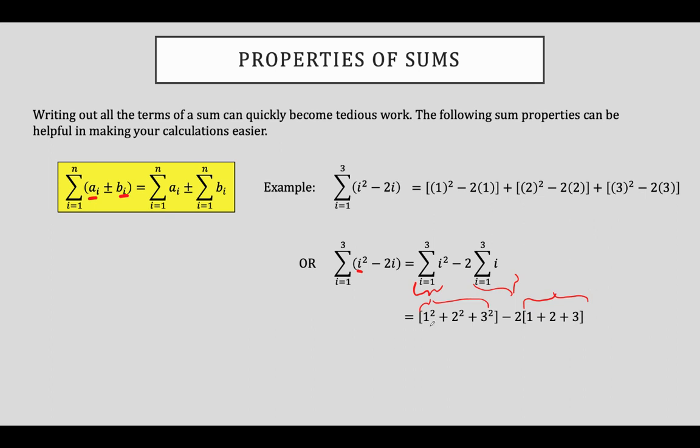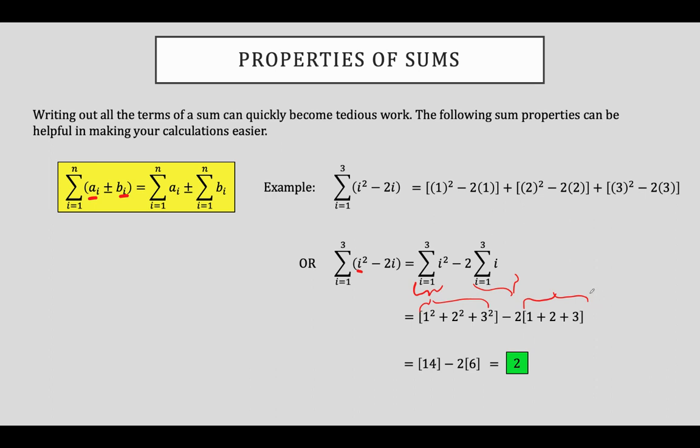Well, 1 squared is 1, plus 4 is 5, plus 9 would be 14, minus 2 times, 1 plus 2 is 3, plus 3 is 6. That gives me 14 minus 2 times 6, or 14 minus 12, which is equal to 2.